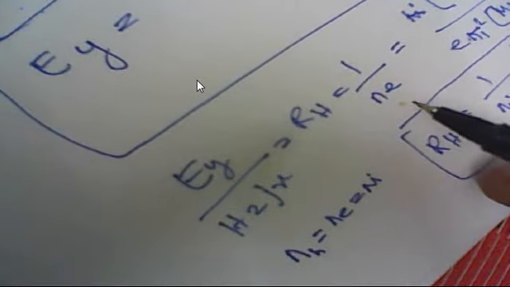We have seen that the Hall constant for an extrinsic semiconductor is given by 1 over Ne, that is equal to Ey by Hz into Jx.